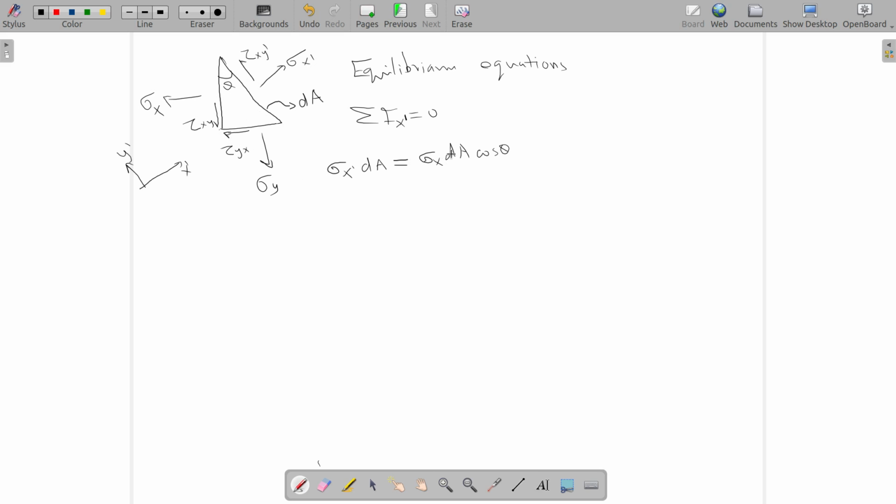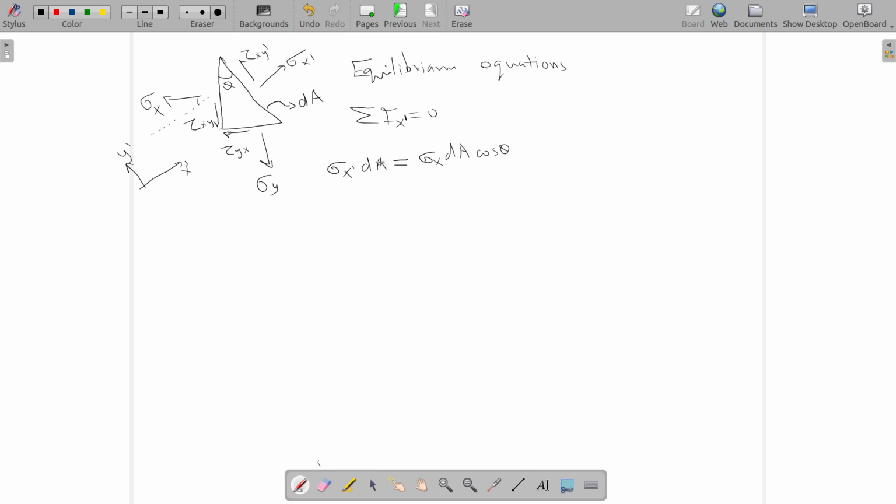So stress multiplied by corresponding area will be the force due to the stress sigma x. And what will be this angle sigma x makes with x dash? That will be theta.